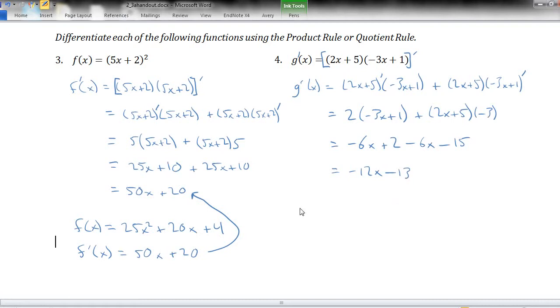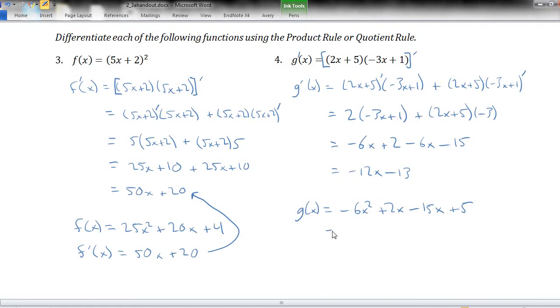Now, once again, we could have done this one by first of all expanding our function g. So that would be 2x times negative 3x is negative 6x squared, plus 2x times 1, plus 5 times negative 3x is negative 15x, plus 5 times 1 is plus 5.